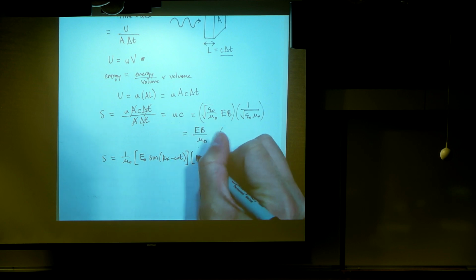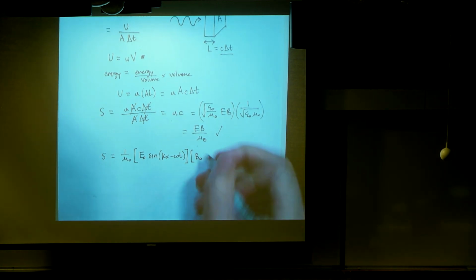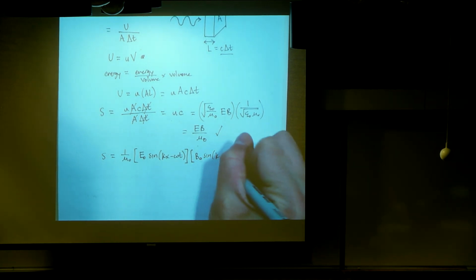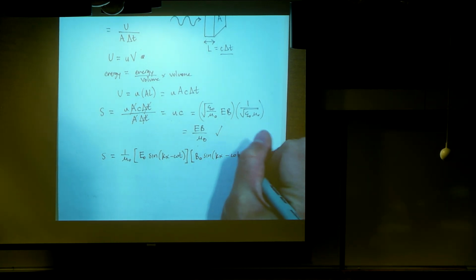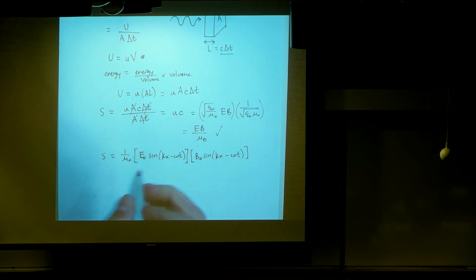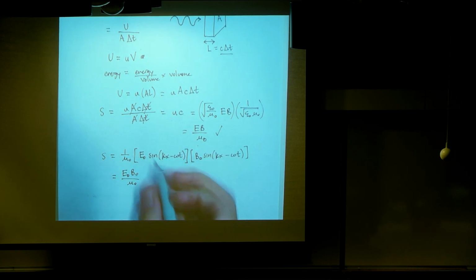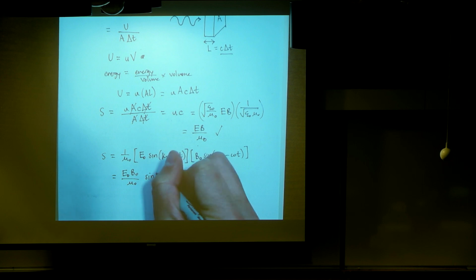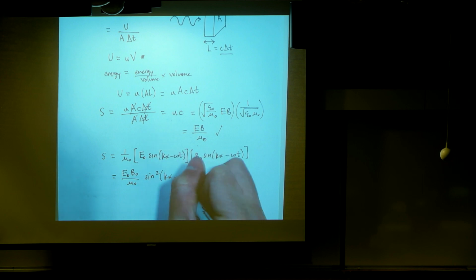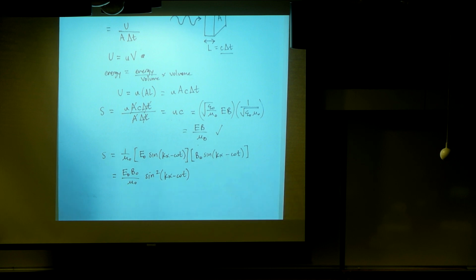And then B is some kind of amplitude B naught times sine(kx minus omega t). So in other words, if we collect all the constants out front, it's E naught times B naught divided by mu naught times sine squared of (kx minus omega t). Okay?